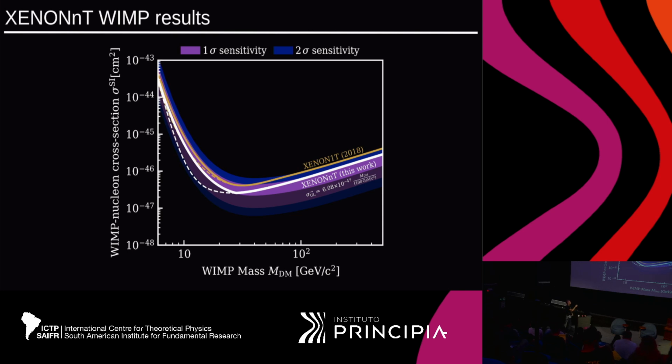Okay, so what these lines mean is that, for example, if you have a cross-section here of 10 to the minus 43 and a WIMP mass of 10 MeV, you would see a rate so high in your detector that you would have seen a lot of events.